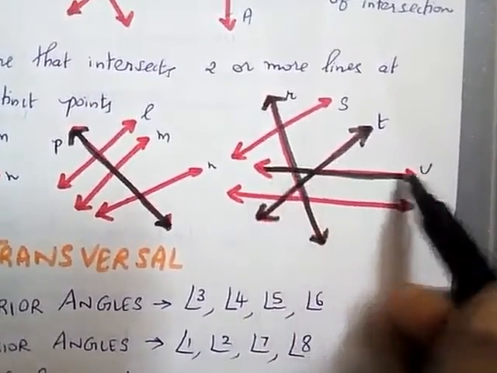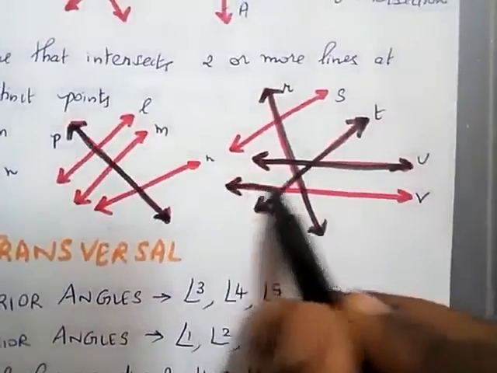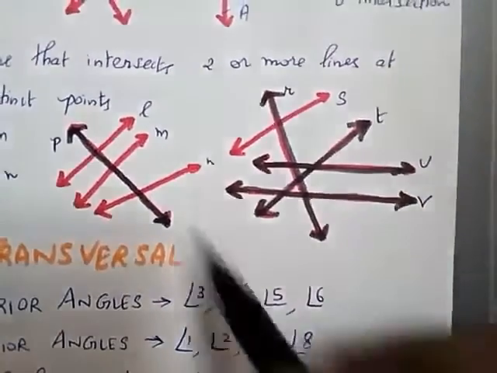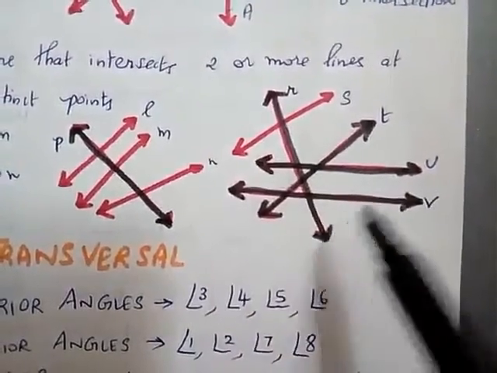So UV again is a transversal. In this diagram, all except S are transversals to other lines.